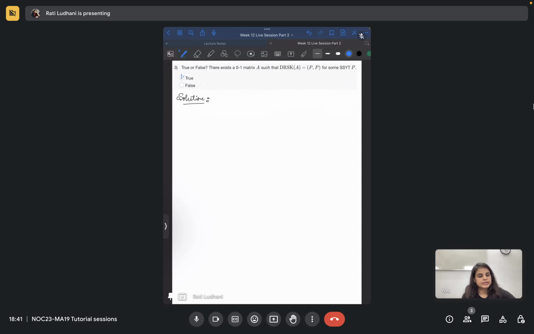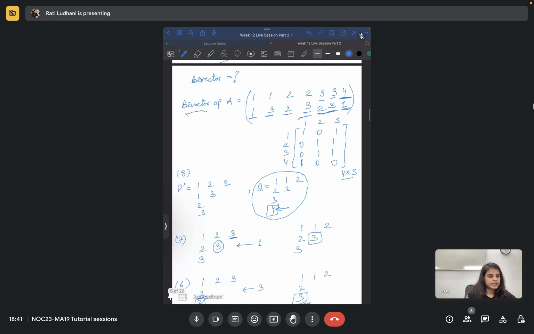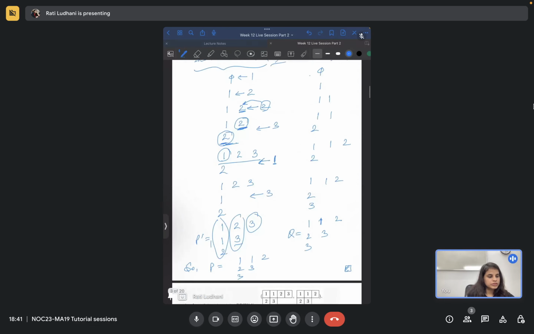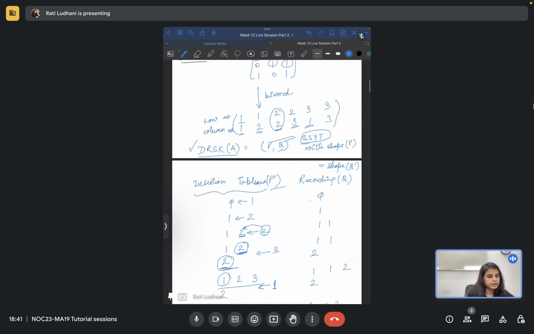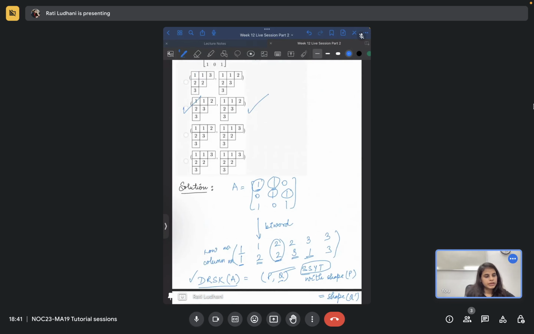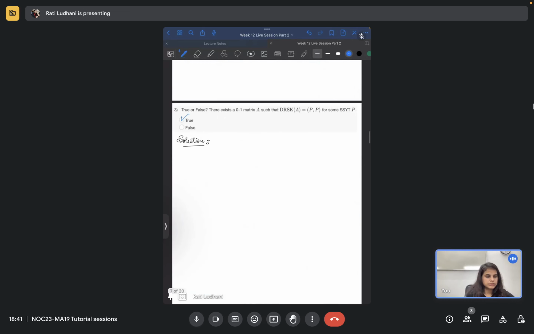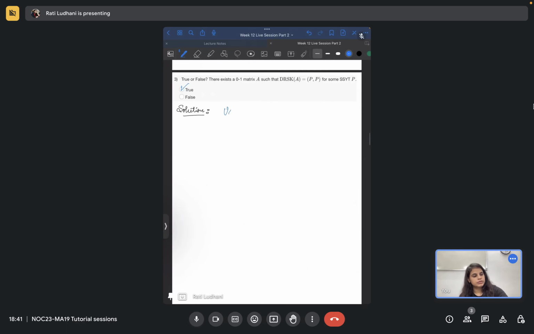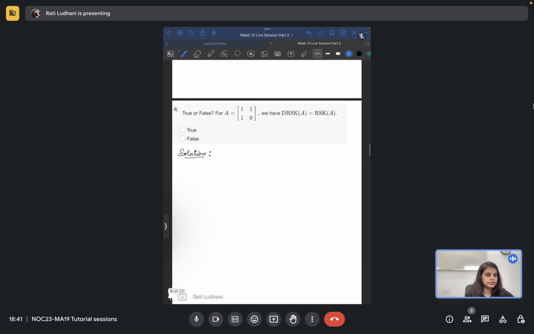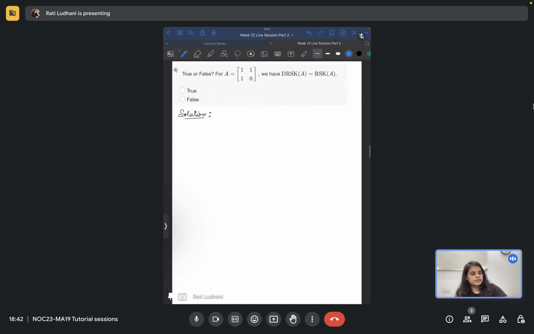In the first question, we got the same P and Q, which is this. So this is correct, using question A1. Very good. Let's see this one.